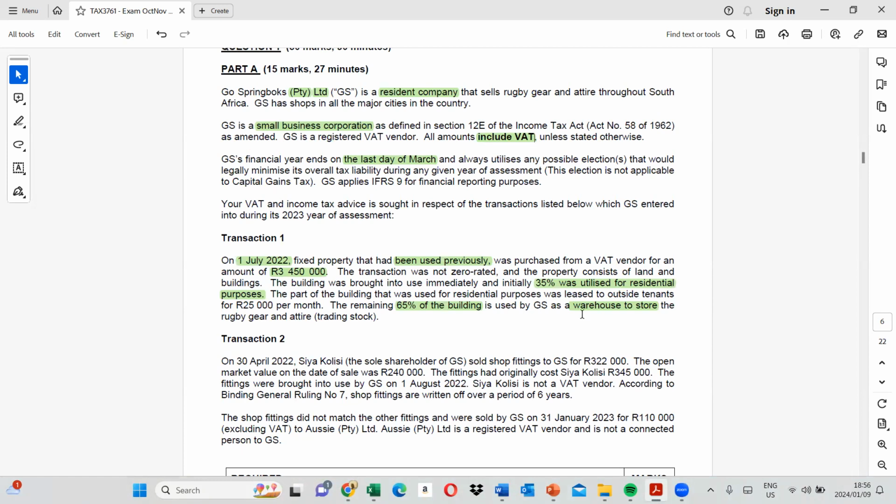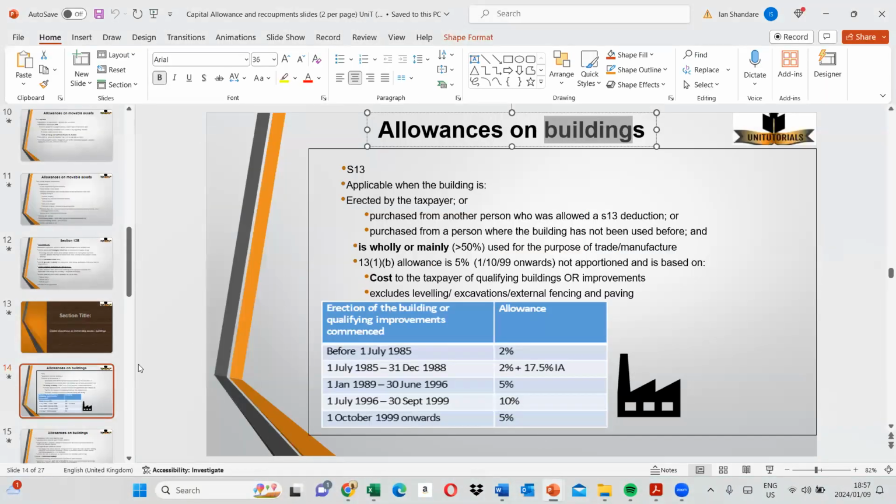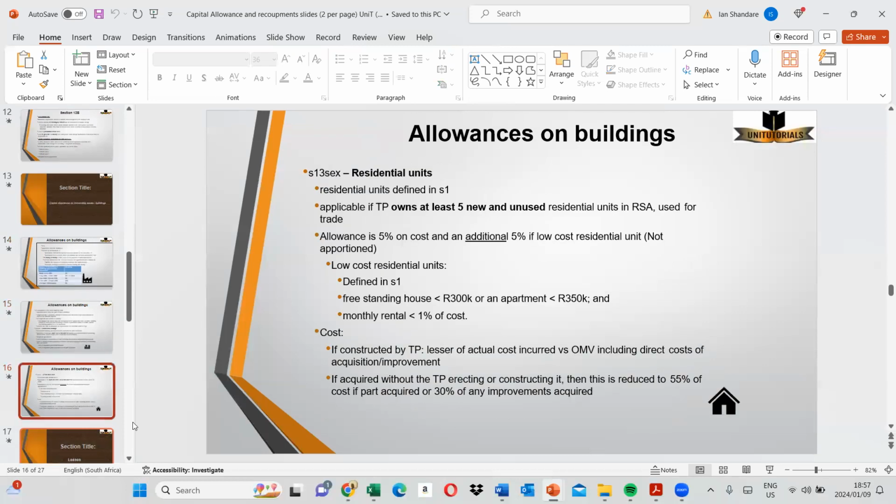Let's now look at residential buildings. What is the allowance that applies in regards to residential buildings? We want to look at section 13.6. In terms of section 13.6, for you to qualify for an allowance, you should own at least 5 residential units, and the units must also be acquired new.